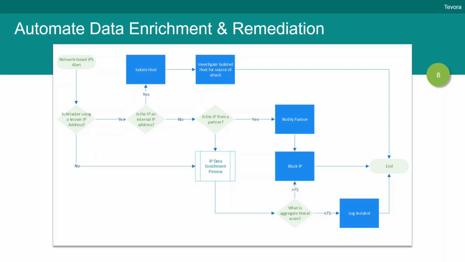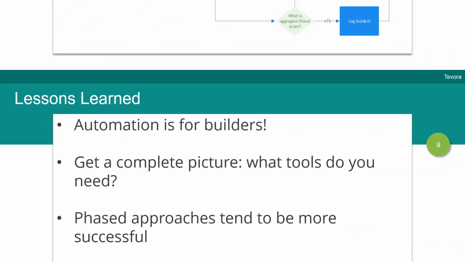Anyways, all of these factors went into it, and if the score was passing a certain threshold, then they would again block that IP. Otherwise, they would just log the incident into a system to be reviewed by a human engineer, who could then go and take action on that event. So, as a whole, that's how the data enrichment processes and remediation processes tend to flow overall.